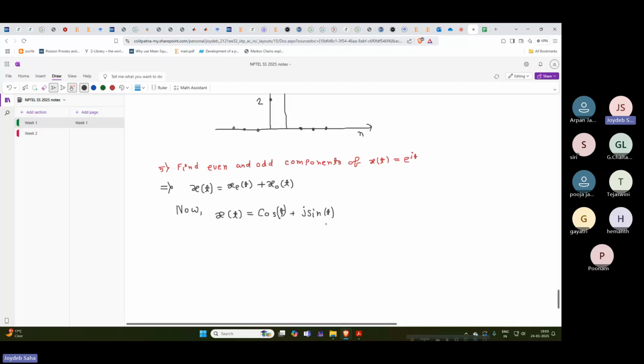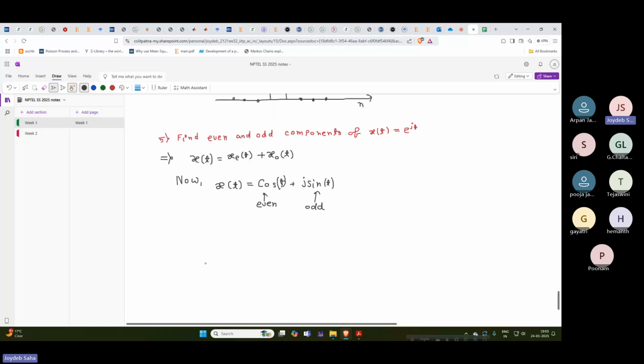And from here we can very easily identify the even component. This one is even because cos t is an even function, and this is odd because sin t is an odd function. Is there any other method from where we can calculate? Yes, there is. How?